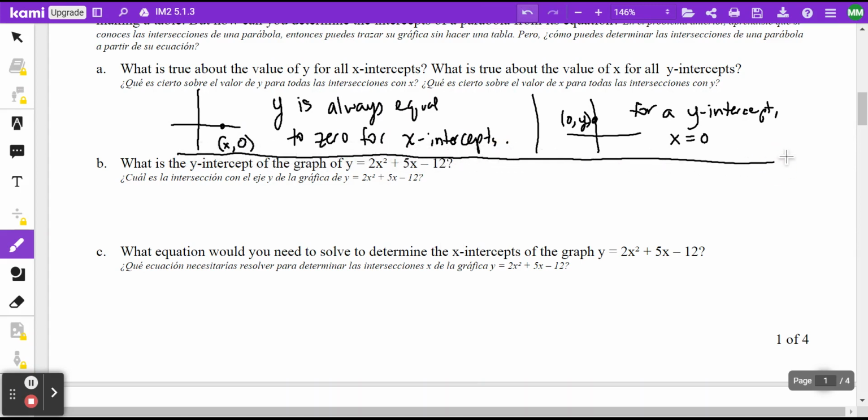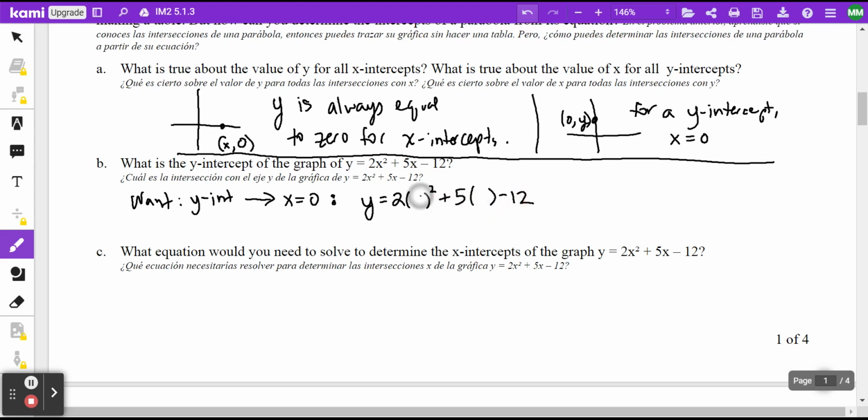So in the next problem, it says, what is the y-intercept of the graph y equals 2x squared plus 5x minus 12? Well, I want the y-intercept, and therefore I'm going to set x equal to 0. We know how to solve for y when we know what x is. We've done it many, many times on our tables.